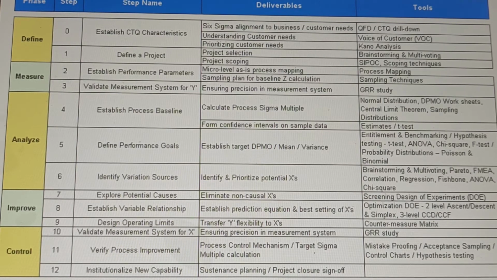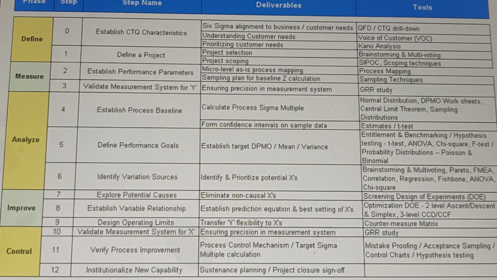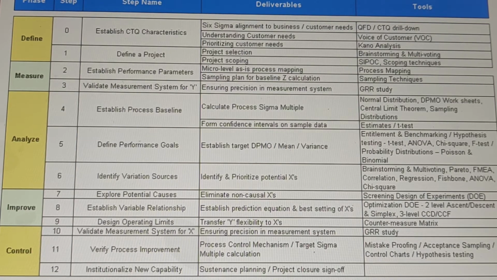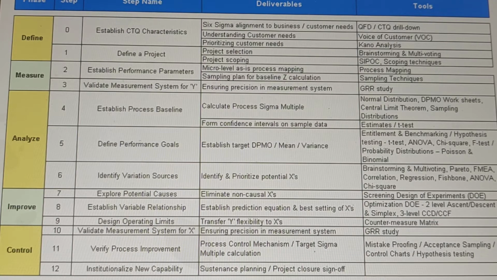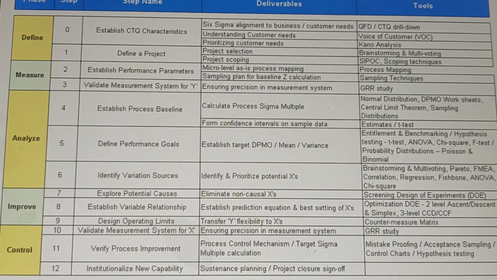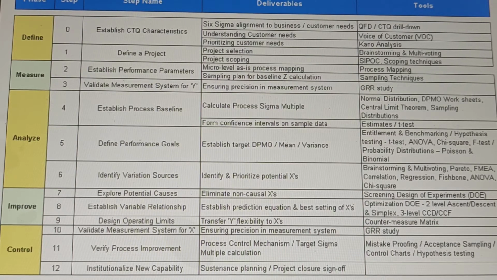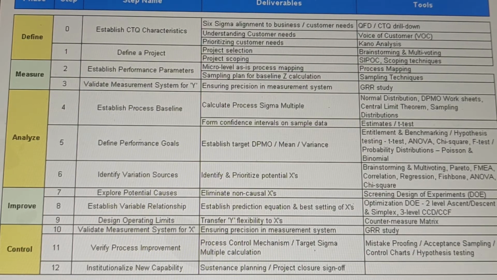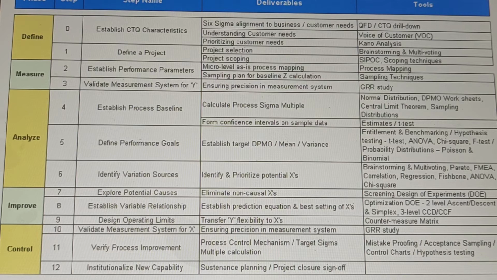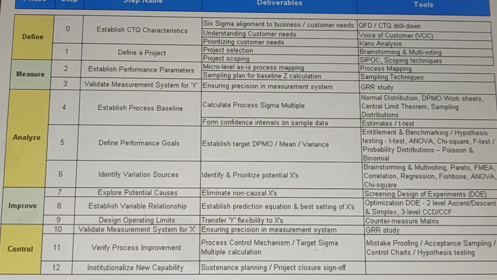For that there are various steps we can organize. One common method is brainstorming. We can have a meeting of all employees or stakeholders, discuss all CTQs, and have them vote on which CTQ is most critical according to all of them.